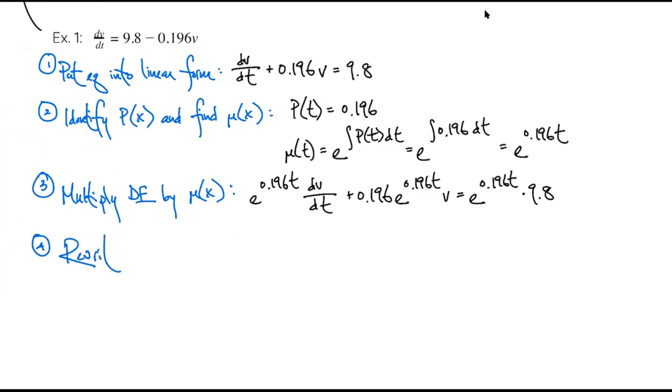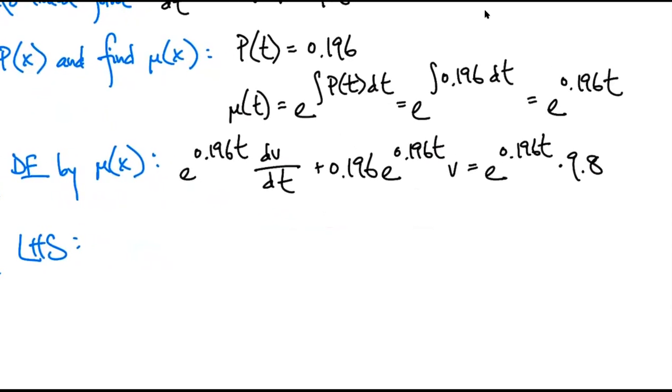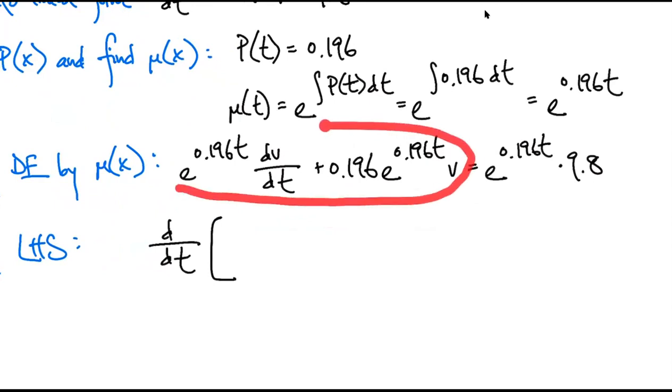We're going to rewrite the left-hand side, and in particular, we want to rewrite it as the derivative of the product of two functions. What two functions did I multiply and take a derivative of to get this?